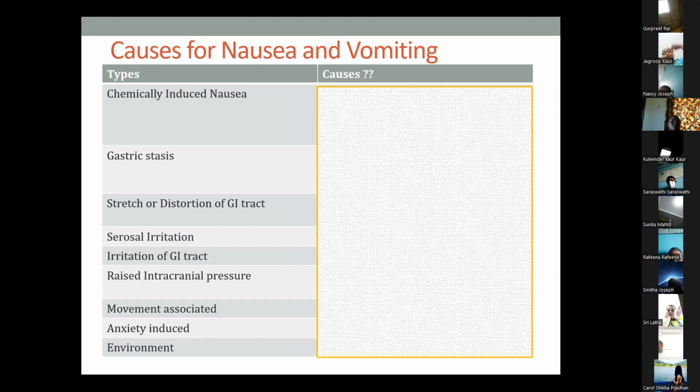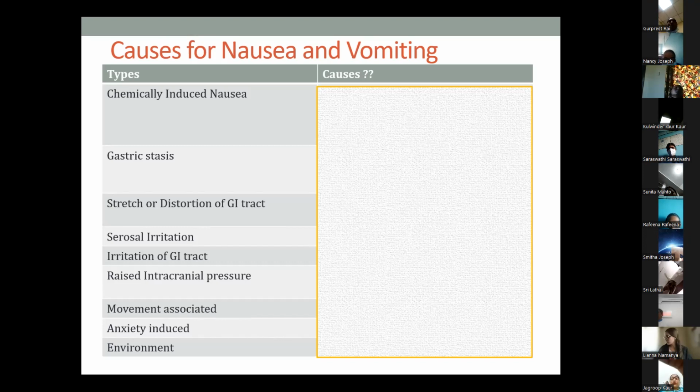Okay. Now, gastric stasis. What causes nausea and vomiting related to gastric stasis? Could there be a drug which is causing that gastric stasis? Or could it be some disease? Yes, I also get suggestions here like hyponatremia, constipation.